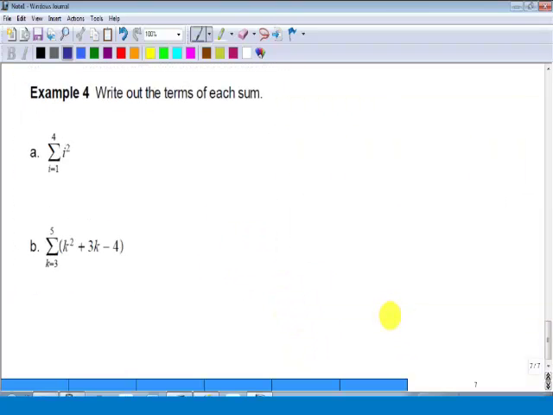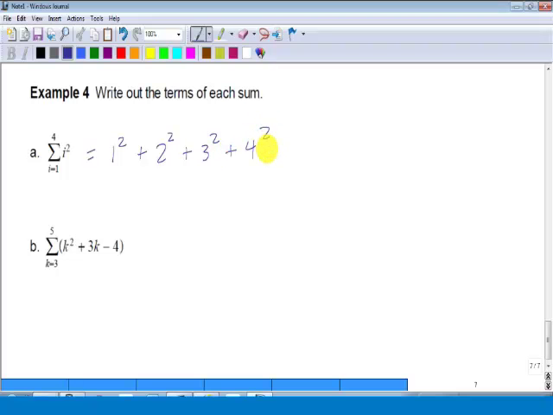Sigma i equals 1 to 4, so just going to be 4 terms: i equals 1, i equals 2, i equals 3, and i equals 4. Then we'll stop. But in each case, we want to substitute the value for i. So it's going to be 1 squared. We'll add 2 squared. Let i be 3 and have 3 squared. Let i equal 4 and have 4 squared.